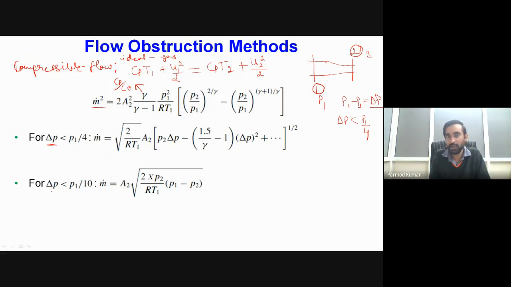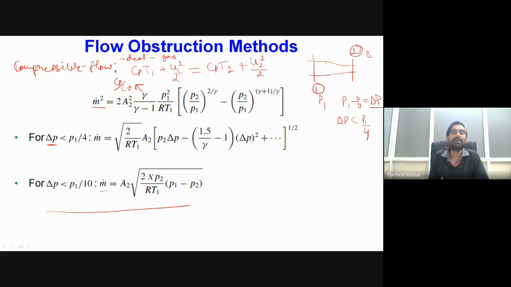Okay, pressure change. So if we consider that delta P is very small, that is, less than P1 by 10, we can neglect the higher order terms and we get this simplified relation for the mass flow rate, which is equal to A2 times square root of 2 times P2 divided by RT1 into P1 minus P2.